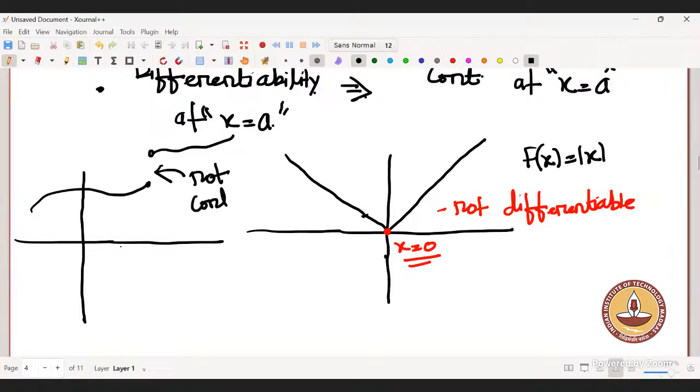Since this is not continuous, you don't have to check the differentiability; it should imply that it is not differentiable. If it is continuous, then we have to check for differentiability. But if it is differentiable, then we can surely say that it is continuous at that point.